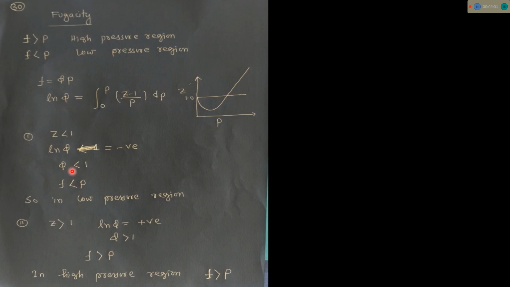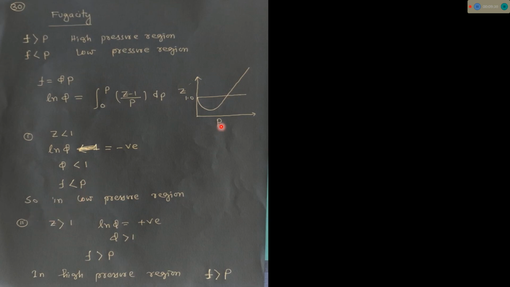And if phi is less than 1, then from the equation f equals phi p, we can say f is less than p. So in the low pressure region, f is less than p, fugacity is less than the ideal pressure, the pressure of an ideal gas.